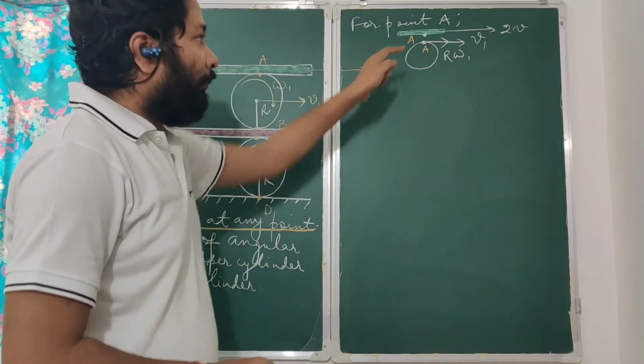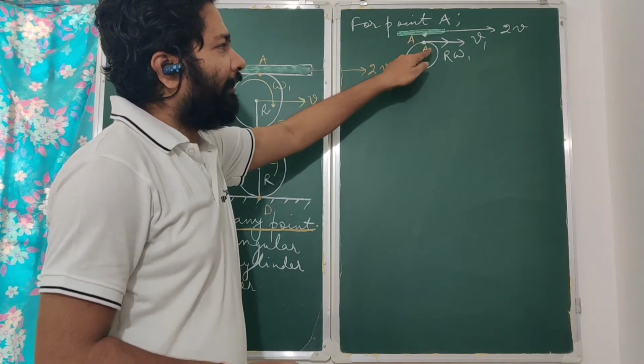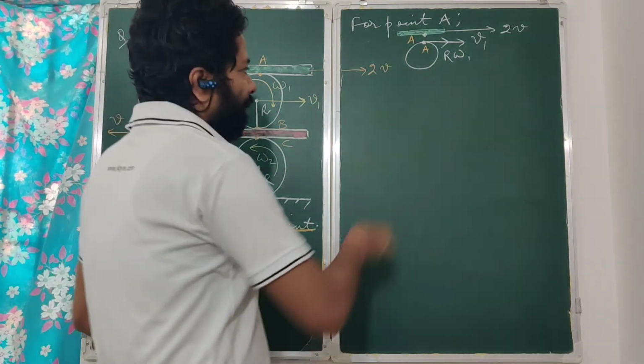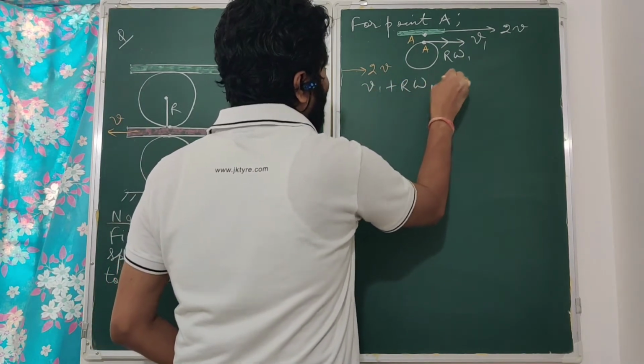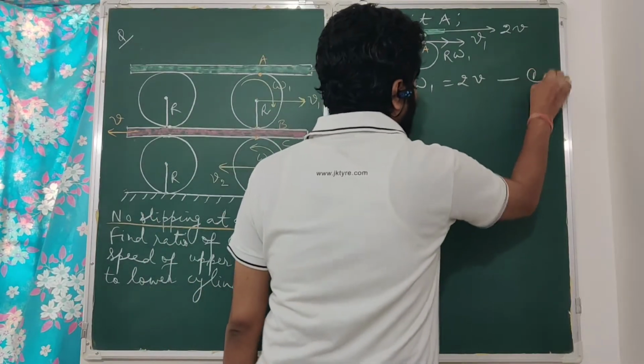What is the concept? No relative motion. Why no relative motion? Because both the points are same only, right? So we can write v1 plus r omega 1 and that should be equal to 2v. So this will form our equation number 1.